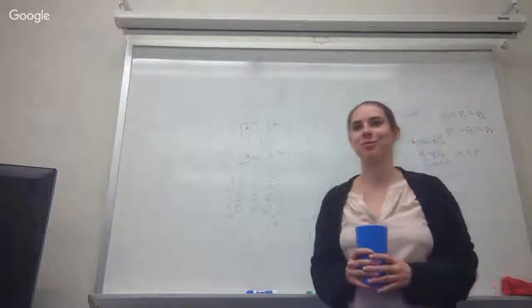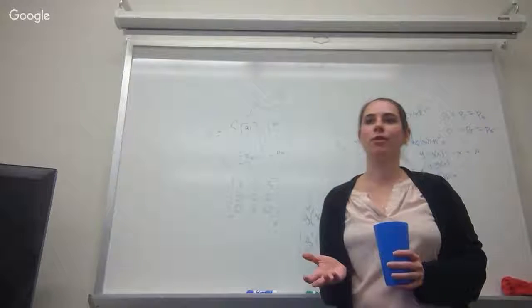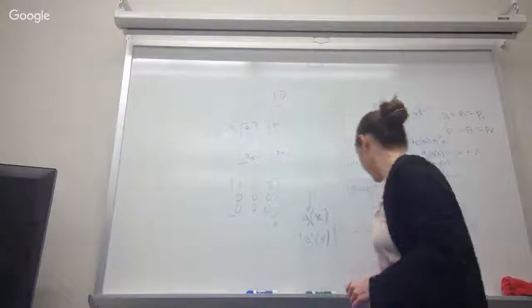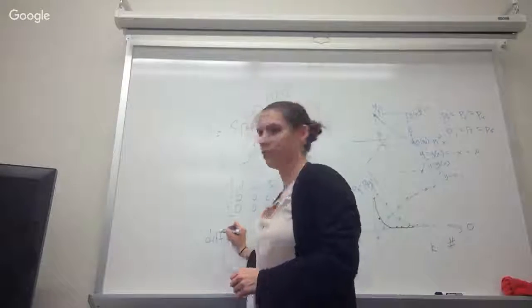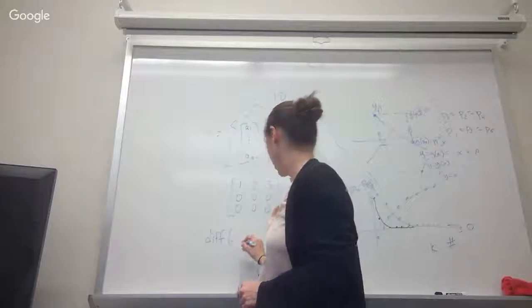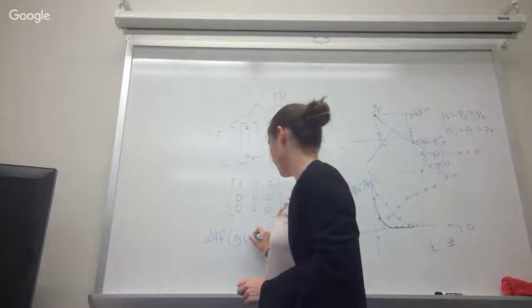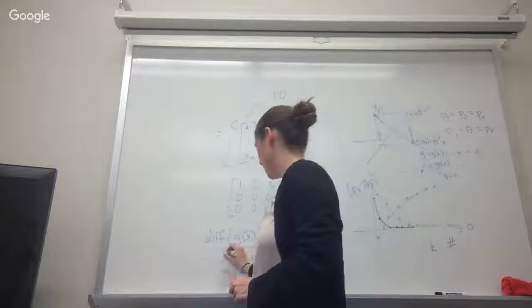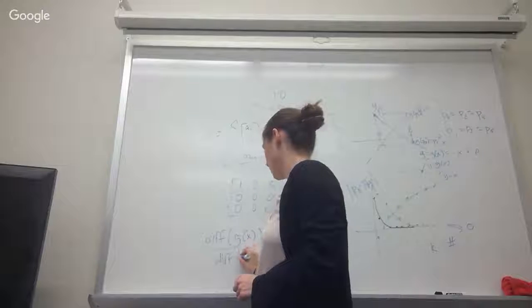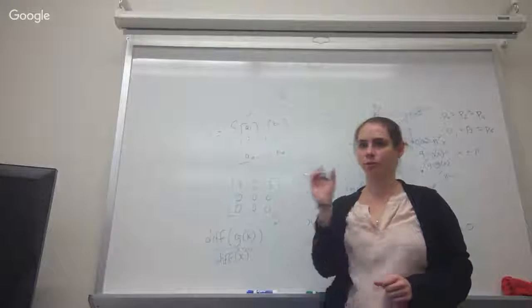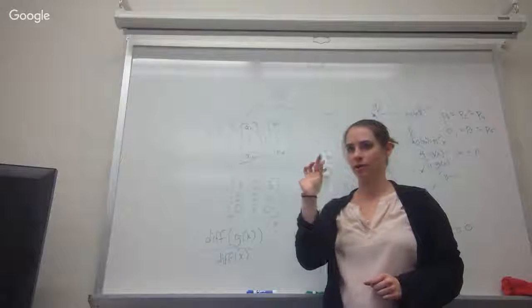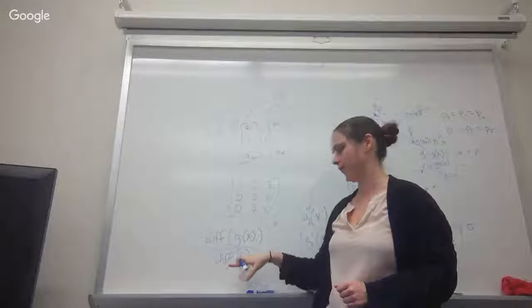Calculating some of those derivatives was messy, but if you wrote a function, you could numerically calculate the derivative using the diff command. If you use the diff of your g(x) divided by the diff of x, it takes the difference between x1, x2, x2, x3, x3, x4, whatever vector you put in.